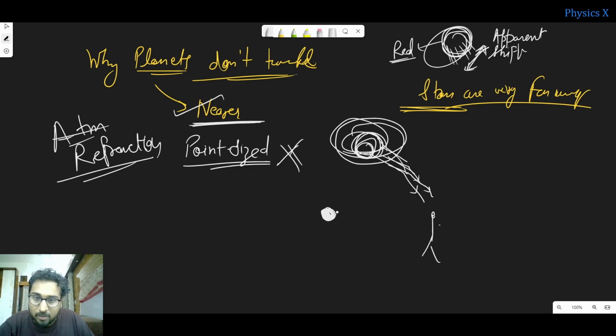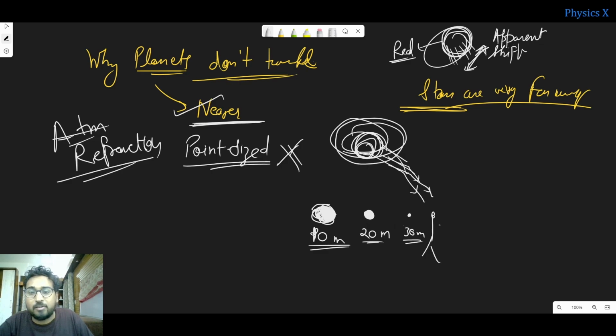But suppose I increase the size of this, and at 30 meters you are observing it as a point size. So this was at 10 meters, this was at 20 meters from the eye. These are all imaginary numbers, for understanding. And at 30 meters you are seeing point size.